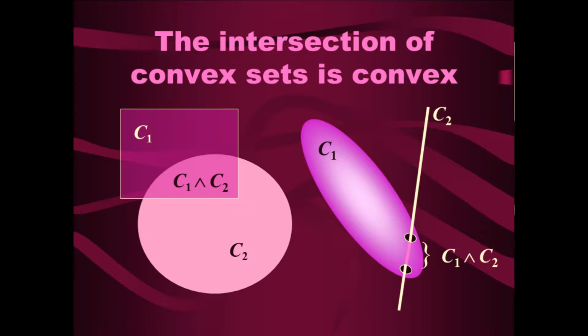So here we have kind of a spheroid, we have a line segment, C2, and the intersection of the two is the little line segment C1 intersected with C2, which itself is a convex set. So the intersection of convex sets is itself convex.